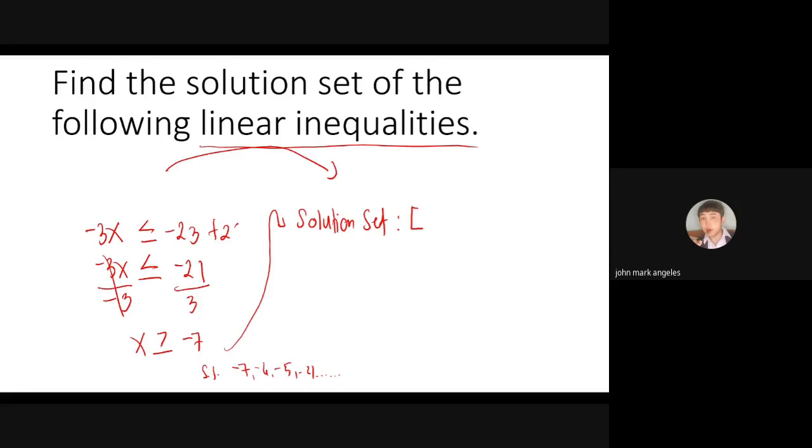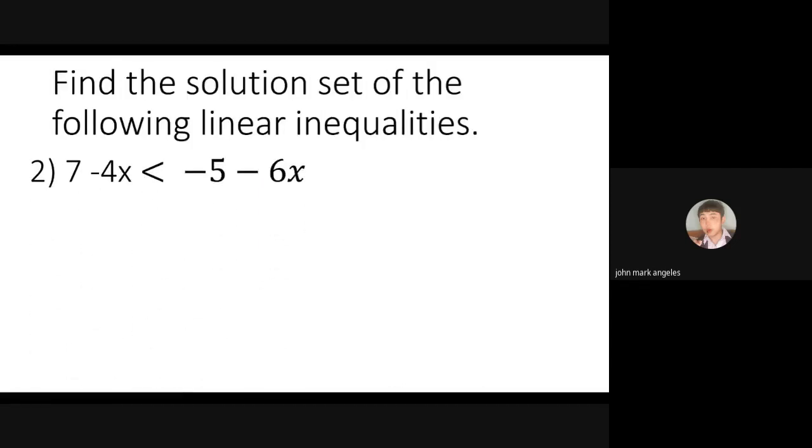So the solution set will be bracket -7 hanggang kay positive infinity. Lahat ng infinity, negative or positive infinity, kailangan lagi siyang naka-parenthesis kasi hindi natin alam ang pinakamalaking positive number at hindi natin alam ang pinakamaliit na negative number.